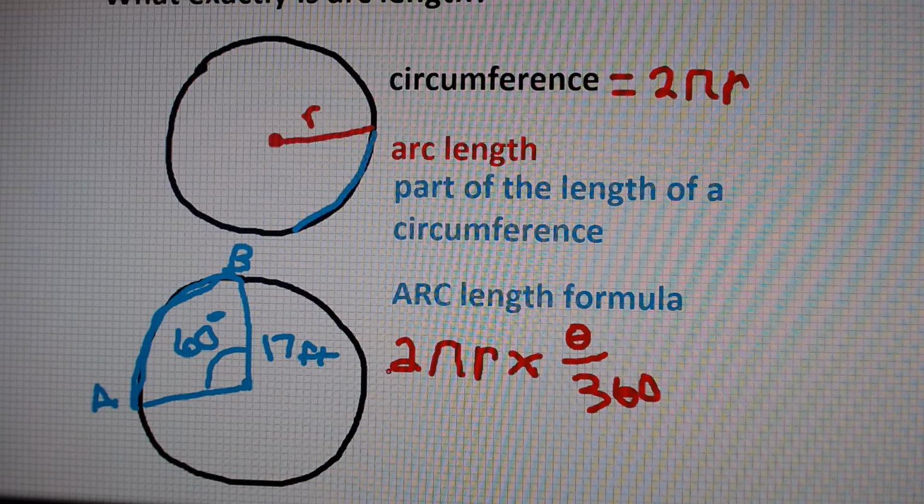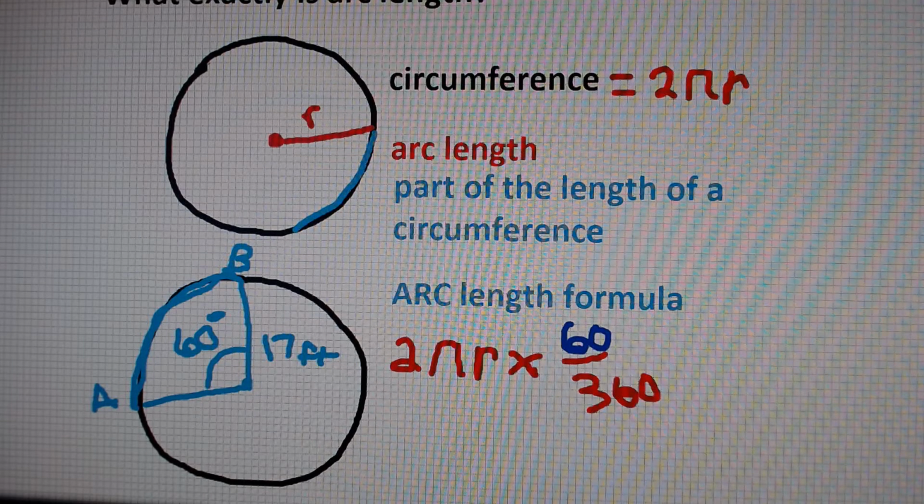Then we have the formula for the circle, which is 2 times pi times the radius. That's the formula for the distance around the circle. So if I take that portion and compare it with 2 pi r, I'll have the distance between A and B. And this is how it works. I'll substitute theta for 60 degrees.